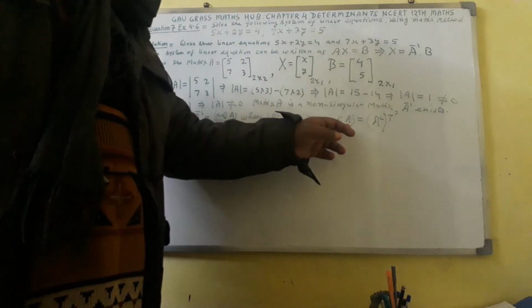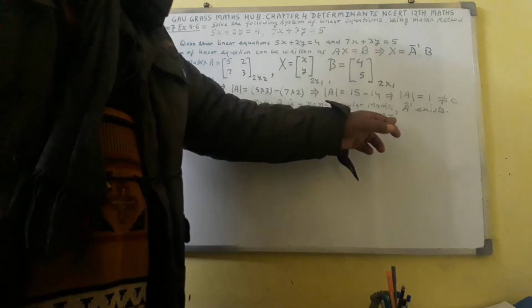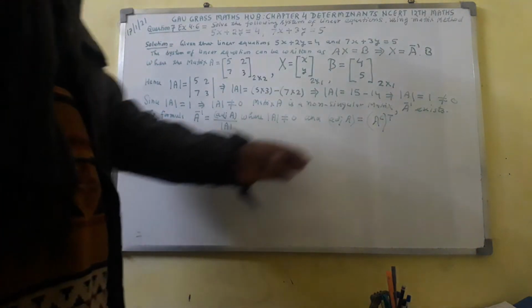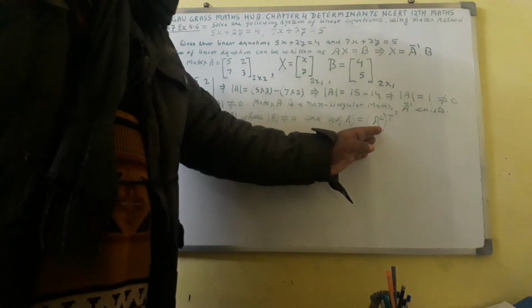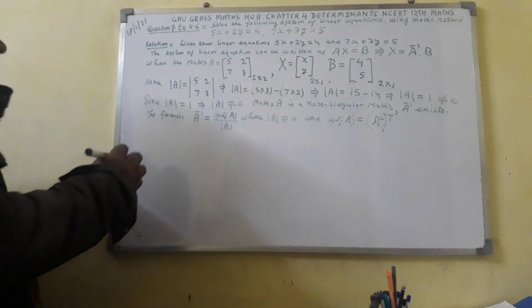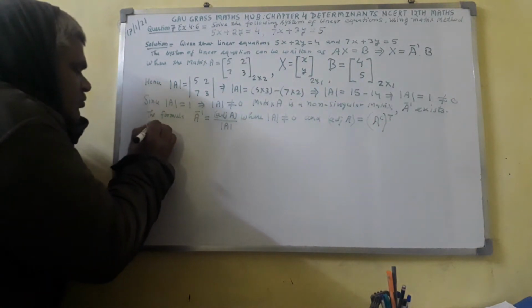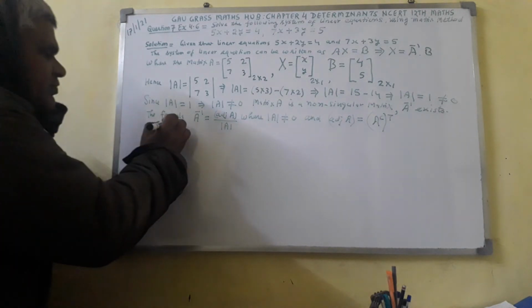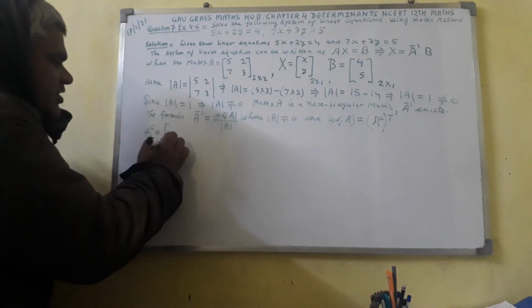Adjoint matrix of A equal to transpose of cofactor matrix. So now find out the cofactor matrix of A. Here I shall write cofactor matrix. The cofactor matrix you have to locate.